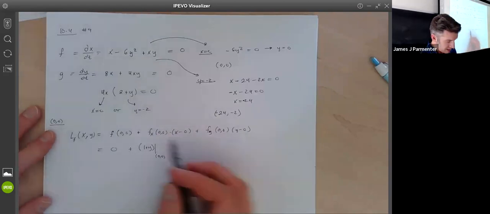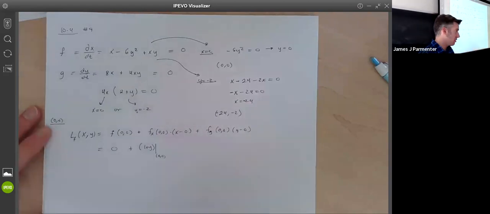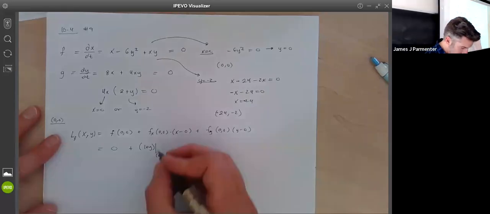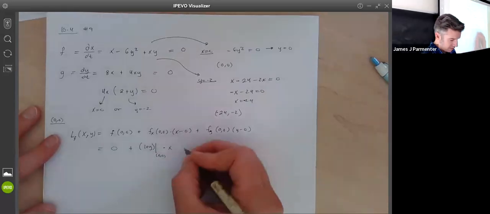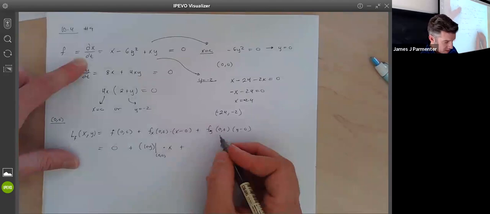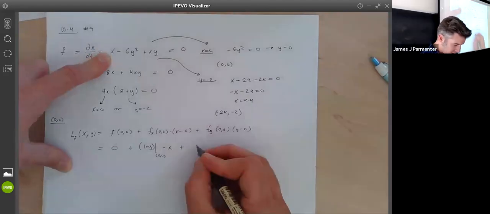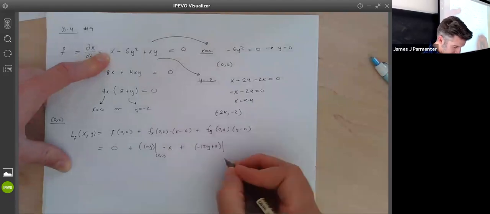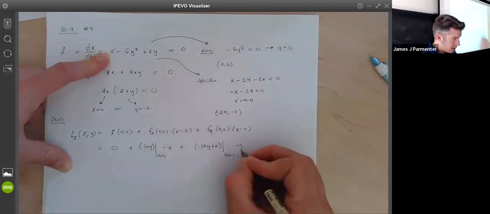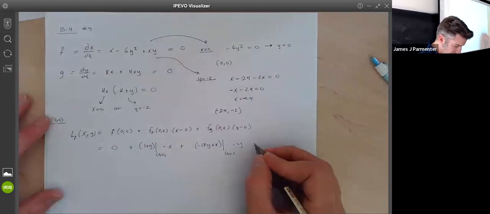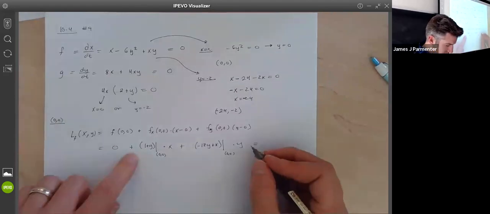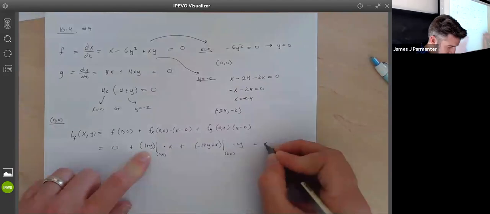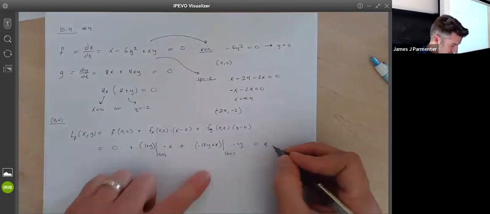Right, because I'm taking the partial derivative at the equilibrium. And then I'm going to multiply that by x. And same deal over here, fy is going to be 0 minus 12y plus x evaluated at 0, 0 times y. And then plugging things in, we end up getting 0 plus 1 times x plus 0 times y.